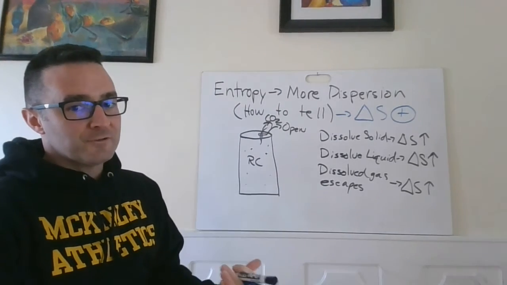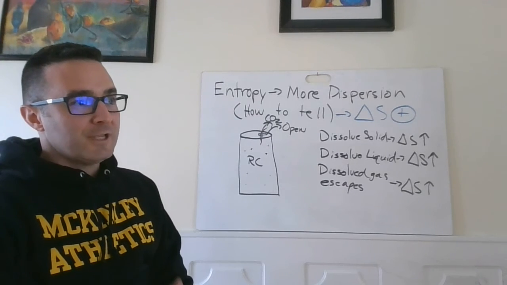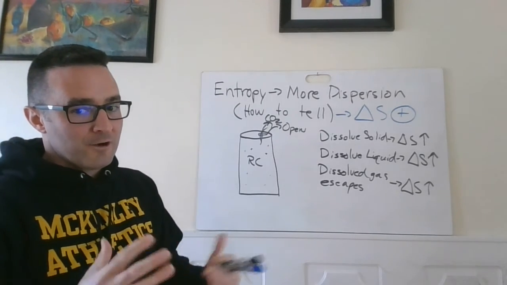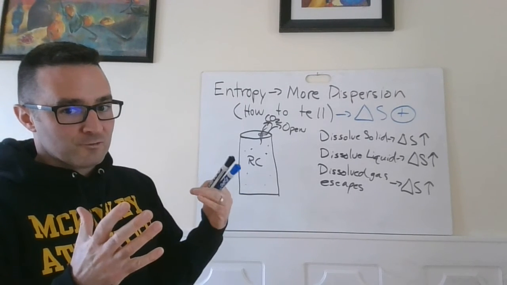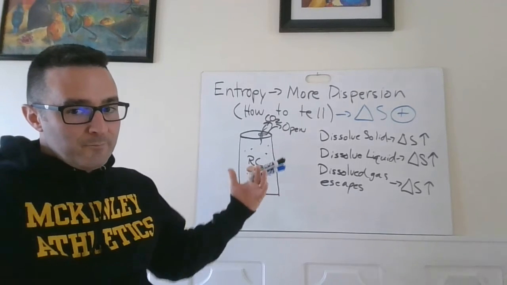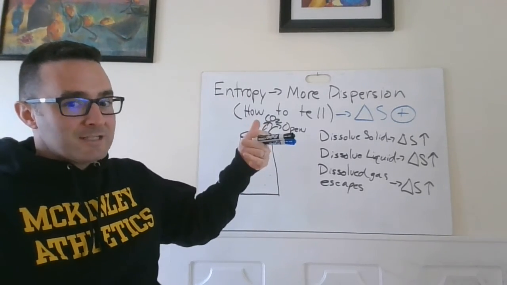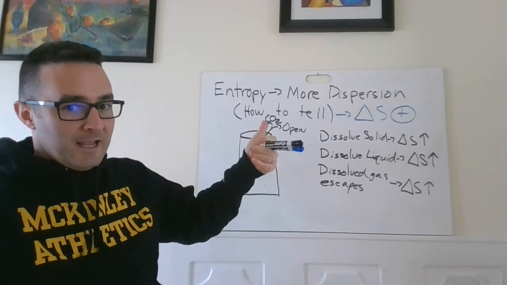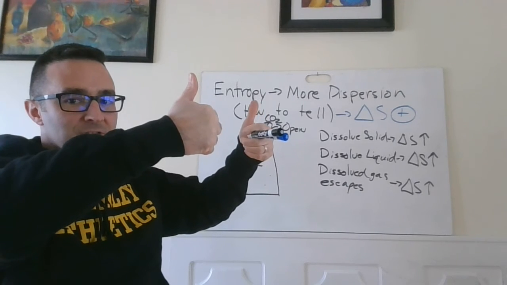It's a positive delta H. It's absorbing energy, but it's actually increasing disorder because those particles are getting excited and moving. And when it goes from solid to liquid, those particles are now further apart. So it's a positive delta H. It's sucking up heat, but it's also increasing disorder.